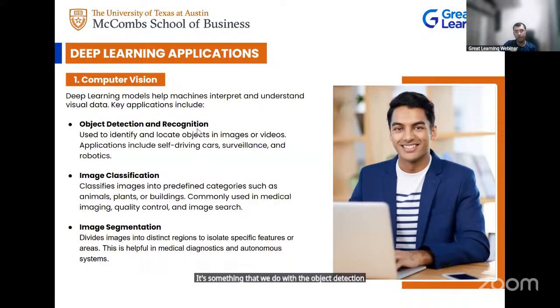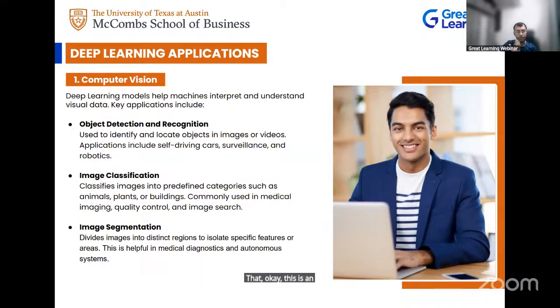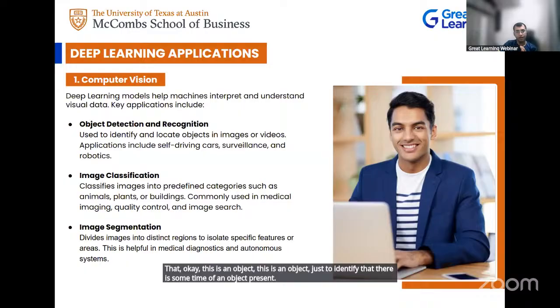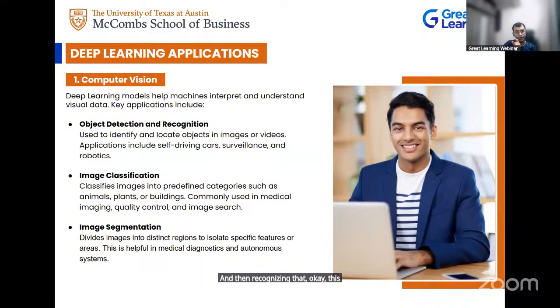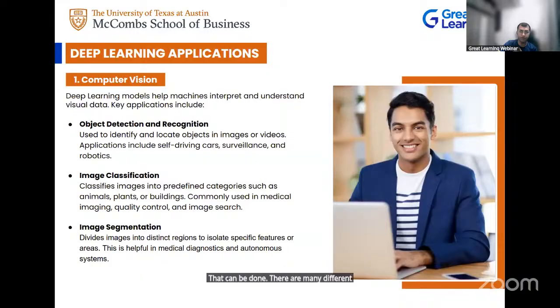And then also recognizing what is present. One is just a detection that there is some type of object present. And then recognizing that, okay, this is this type of object, that can be done. There are many different models which are available to do object detection and recognition related activity.